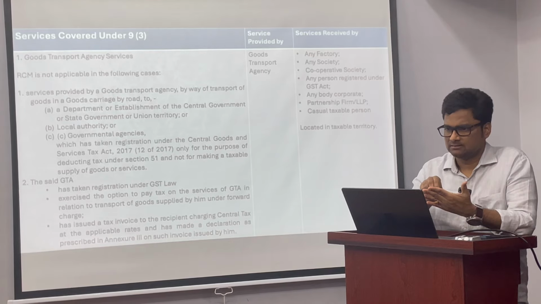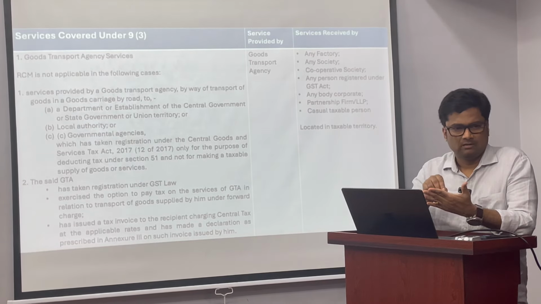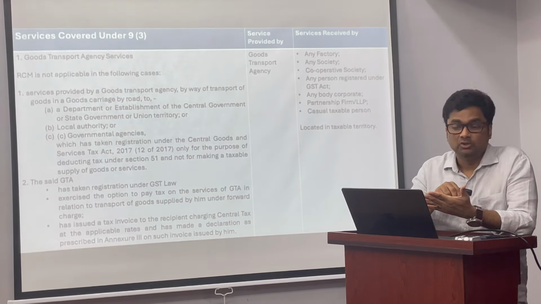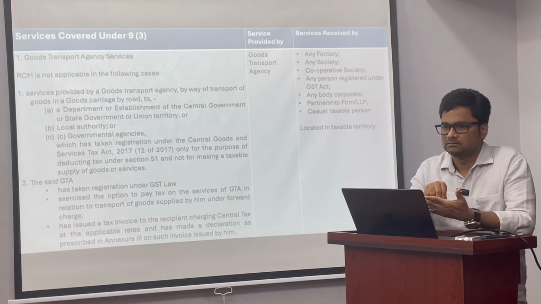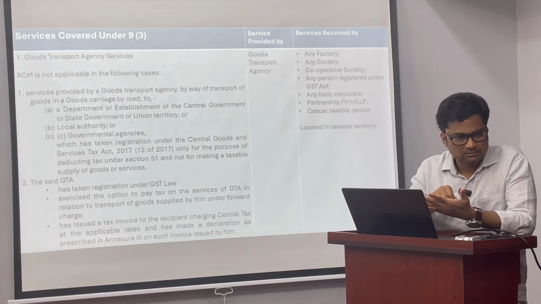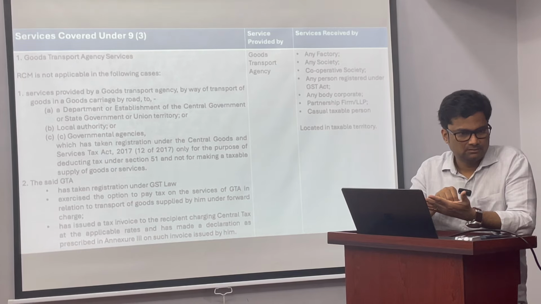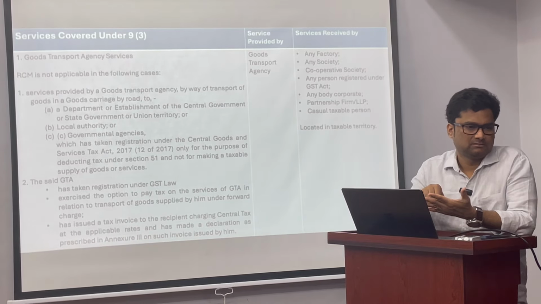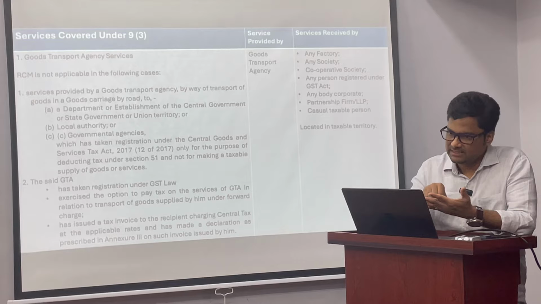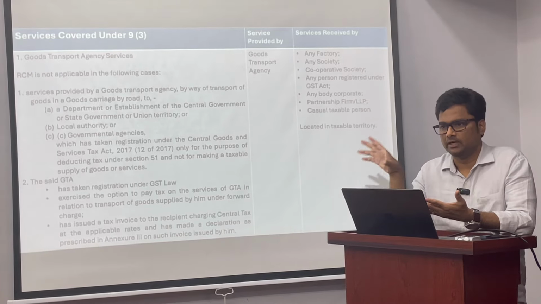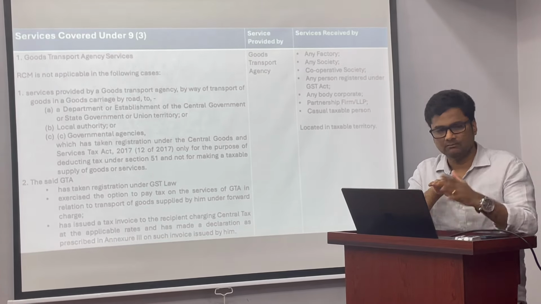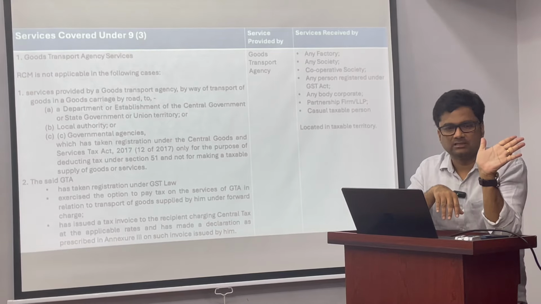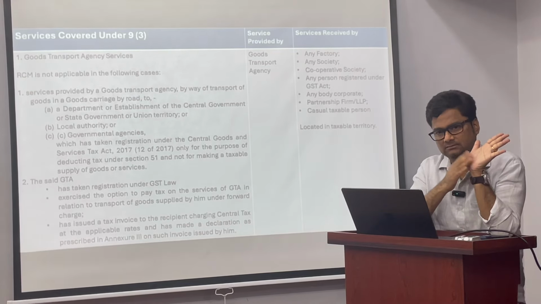What is the tax? From where it is moving? To where it is moving? Weight, lorry number, signature. Signature of the agency, signature of the owner of the goods. This is called consignment. It will give full data.